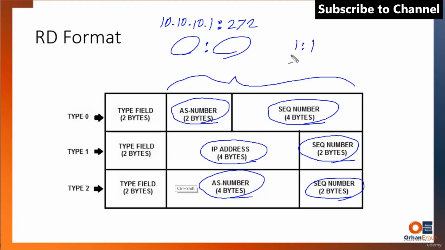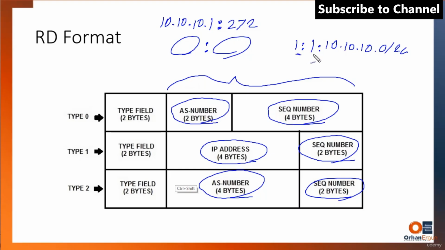Now, it doesn't really matter what number you are going to use here, but what is important is you can just distinguish this from another one. Now, we add this to the beginning of the prefix which we are going to install in our routing information base. So I have 1:1 in the beginning, and then let's say 10.10.10.0/24.